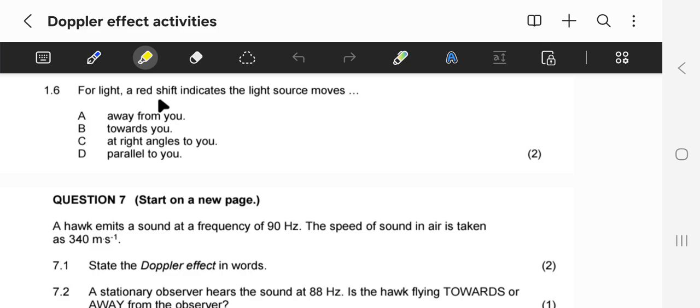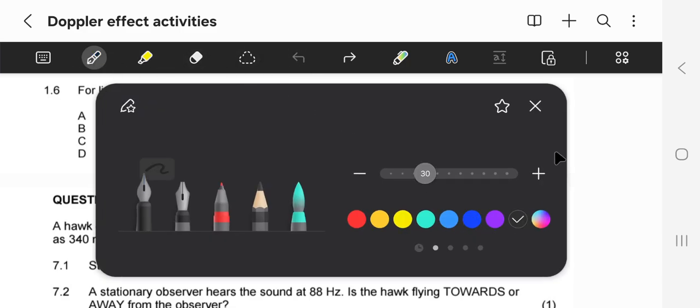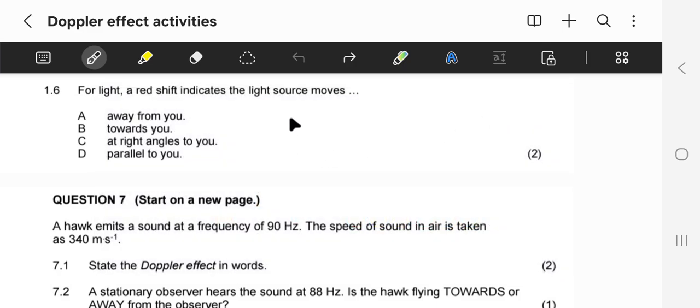Okay, for this one, guys, we need to understand the concept of the light spectrum, or color spectrum, if you will. We have red, orange, yellow, green, blue, indigo, and violet.